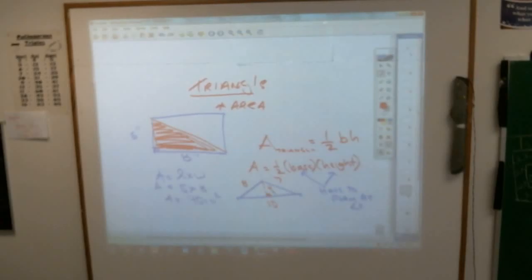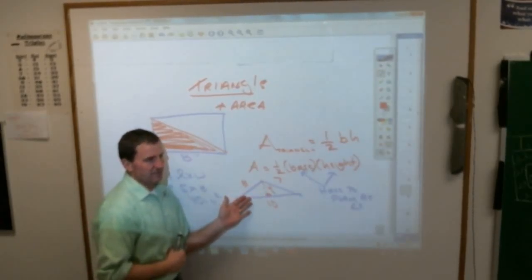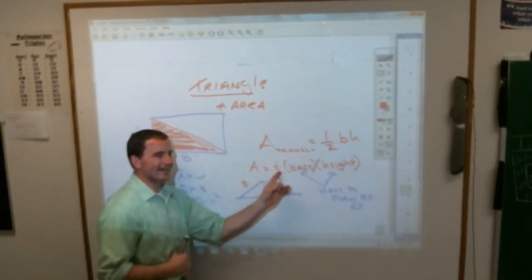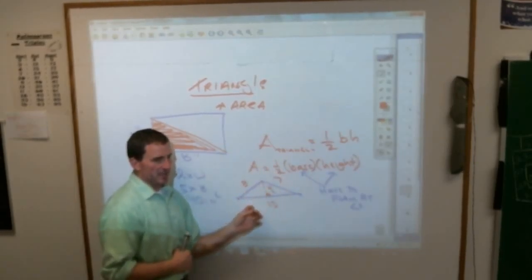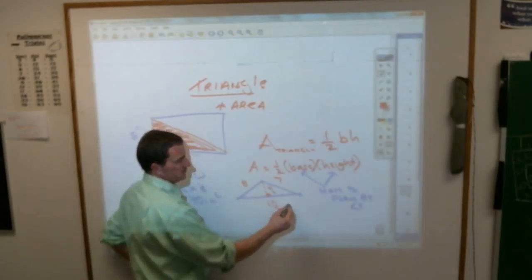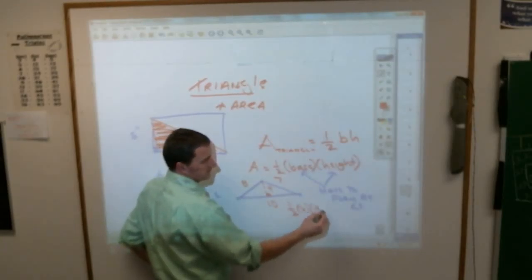If I had so much as a nickel for every time somebody told me that the area of this is 40, I would be incredibly wealthy. Because everybody always forgets to cut it in half. You always cut triangle areas in half. So when you do this problem, it's 1/2 times 4 times 10.